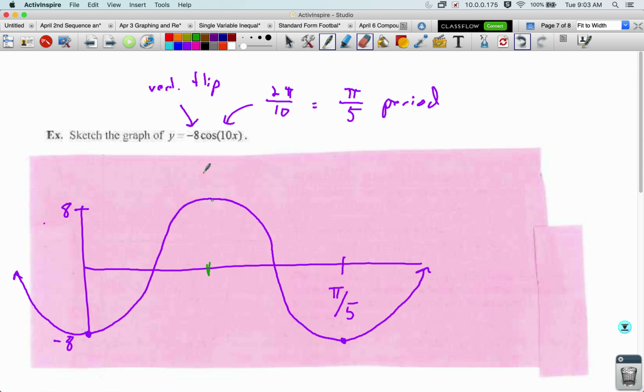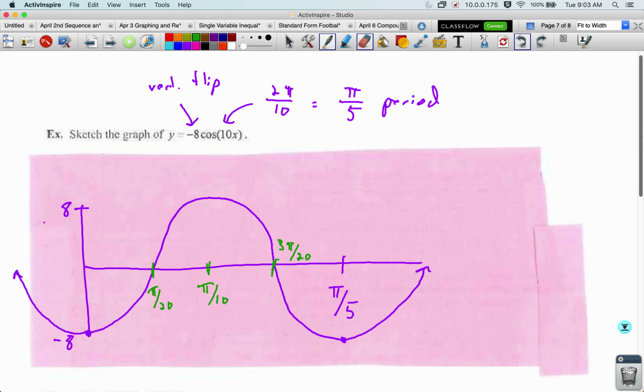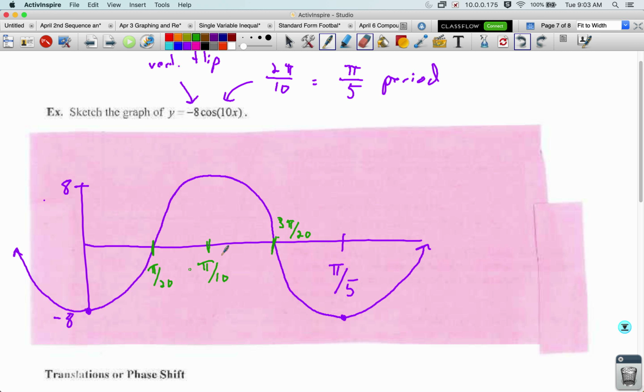It hit its maximum halfway here, that would be pi over 10, and it hit midpoints at, let's see, pi over 20 would be halfway to pi over 10, and then 3 pi over 20, because this would be pi over 20, 2 pi over 20, 3 pi over 20, 4 pi over 20, which would then simplify to be that. Don't worry too much about labeling those x values. I haven't talked about that very much. And you can do a pretty good sketch without even adding those in, or just adding little tick marks.